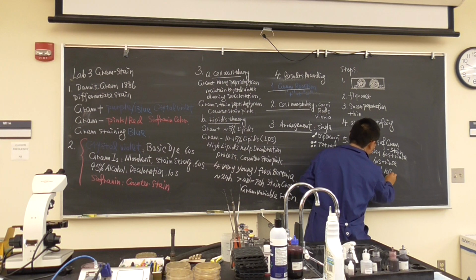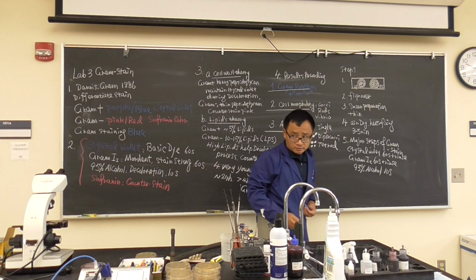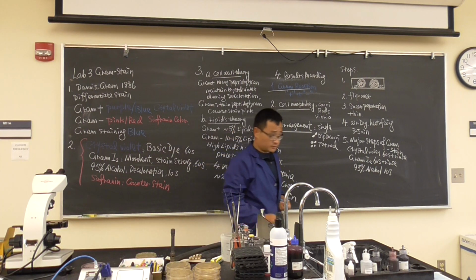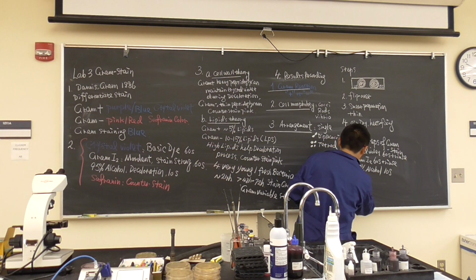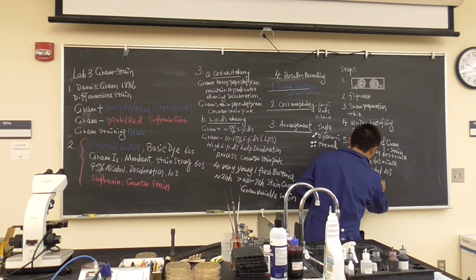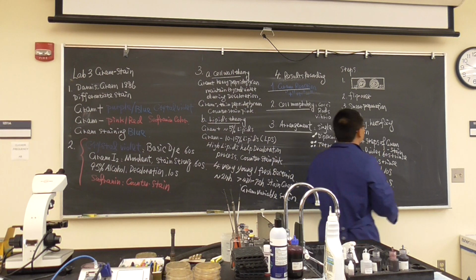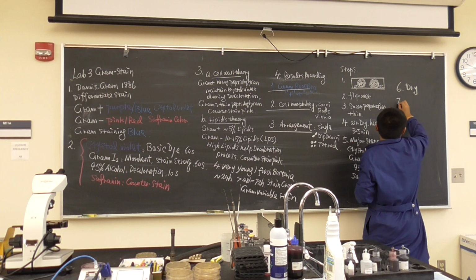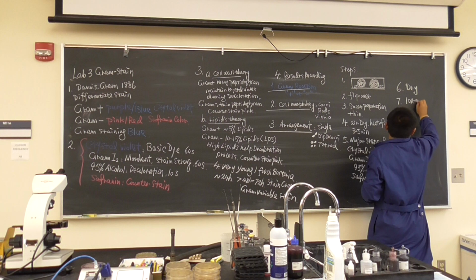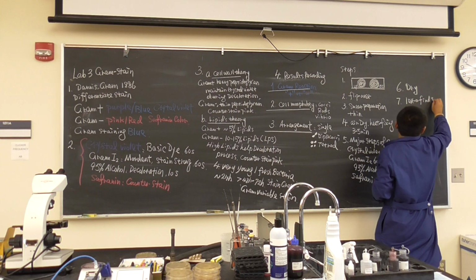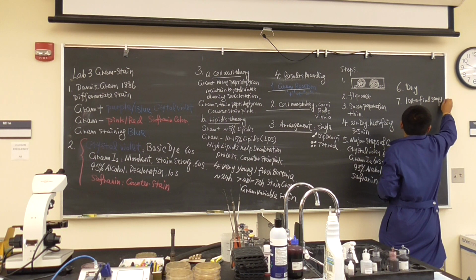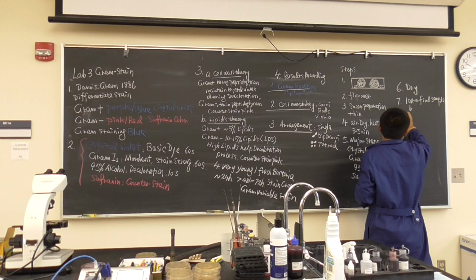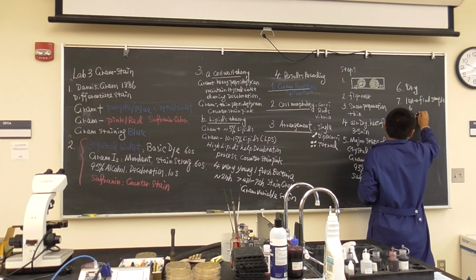Remember, only 10 seconds. How do you count 10 seconds? You're going to count 10 Mississippi. Finally, counterstain with safranin. And this is also 60 seconds and rinse. Now, after doing all of these, we let it dry a little bit. And then we're going to use 10x to find the sample, and then transfer to 100x with oil immersion.